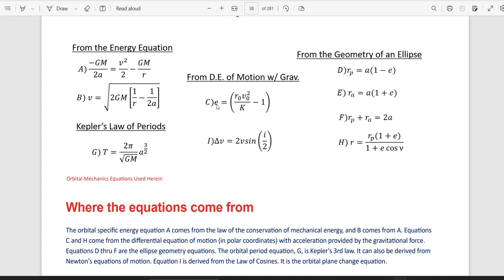Equations C and H come from the differential equation of motion in polar coordinates with the acceleration provided by the gravitational force. Equations D through F right here are the ellipse geometry equations. The orbital period G is Kepler's third law. It can also be derived from Newton's equations of motion. And equation I is derived from the law of cosines. It is the orbital plane change equation.